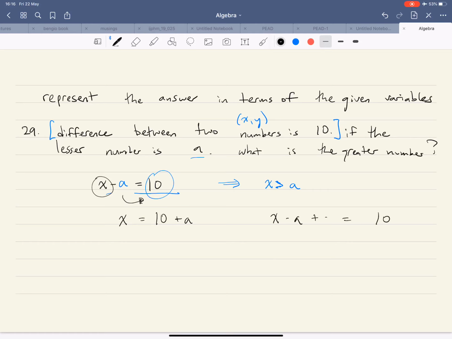If I add A to both sides, I have not changed my equality, so I'm still good there. Now I can just cancel these, and I get x equals 10 plus A. Really the problem said nothing about x, so the part that we want to box is actually just this 10 plus A.